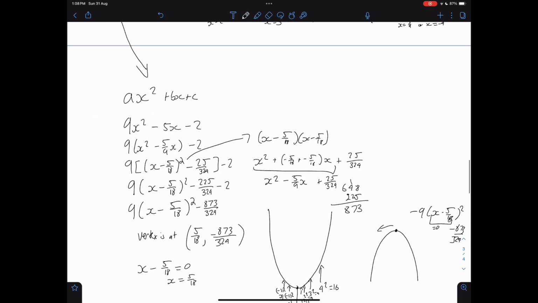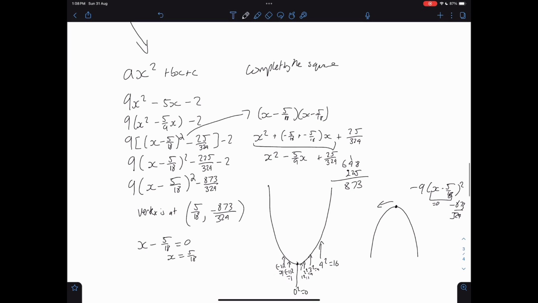This is a process called completing the square. And the advantages it has is if it doesn't factorize, this is the way you can get x to appear only once. And it also gives coordinates of the vertex.